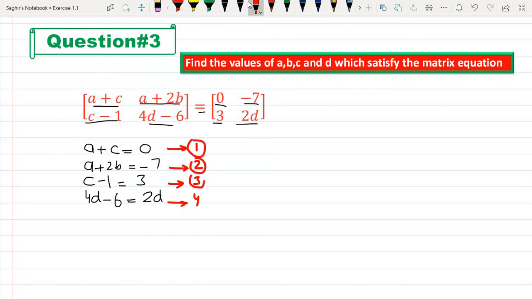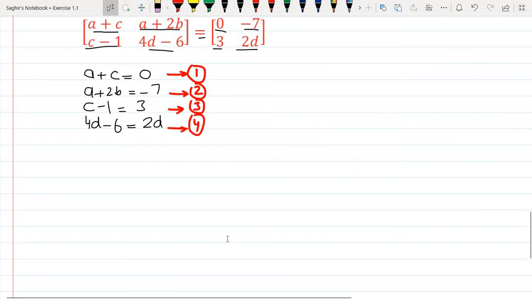Why do we give a specific name to it? Because to solve this question, with the help of these equations we can solve it easily.